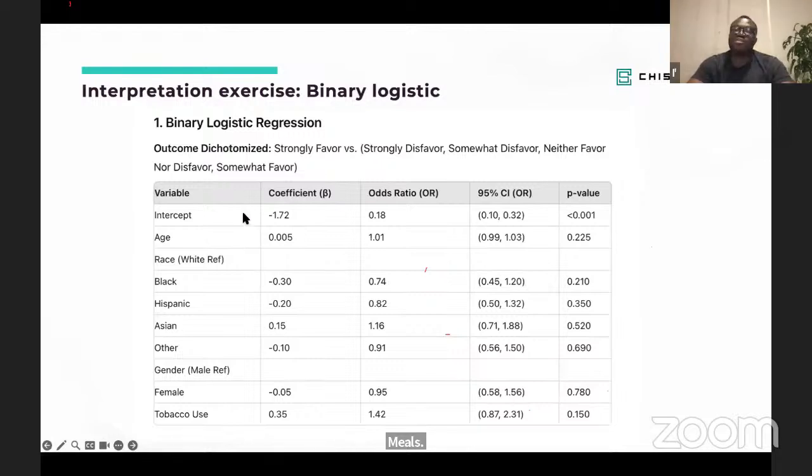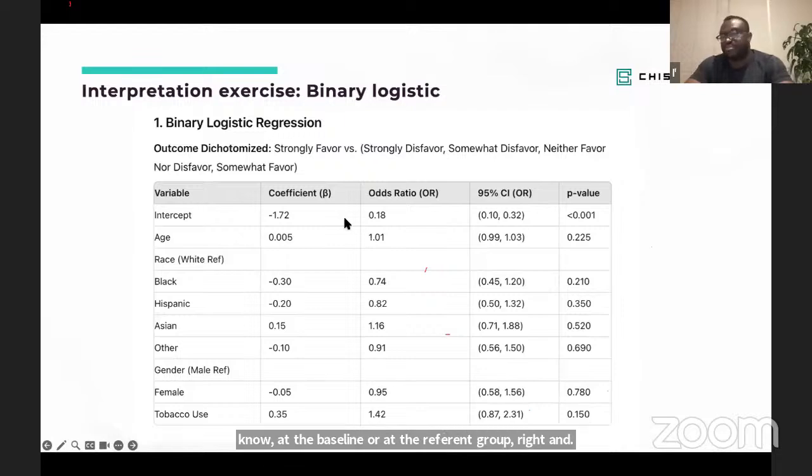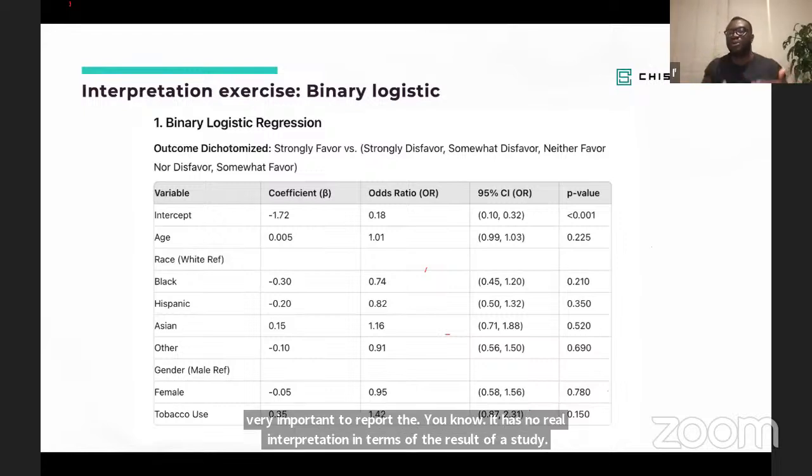So the intercept tells us the value when everything is set at the baseline or reference group, right? It has no real interpretation in terms of the result of a study, but it's always good practice to report everything.